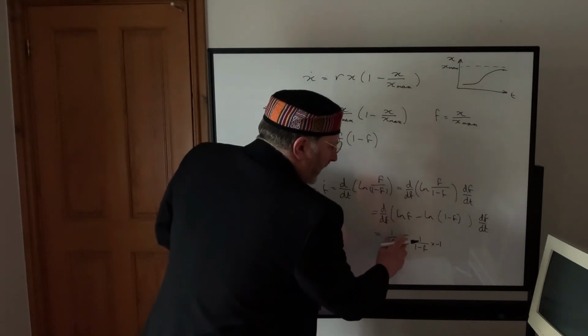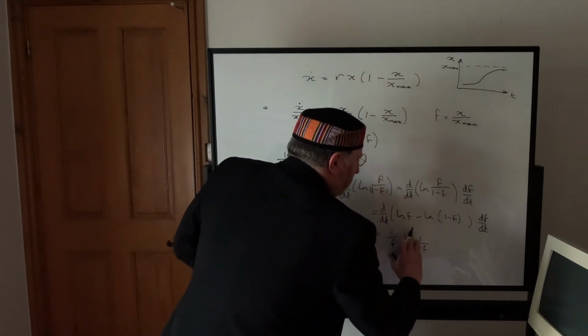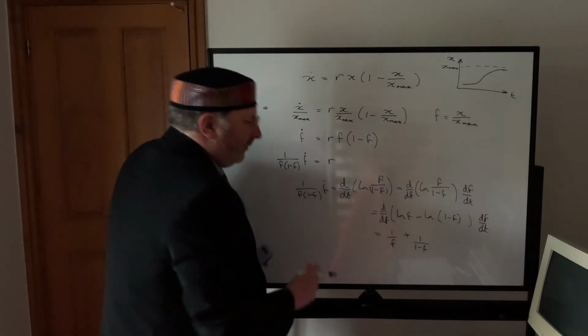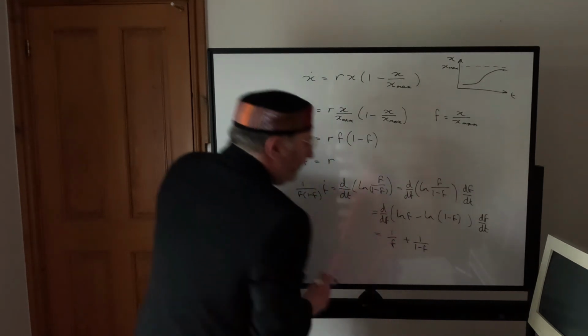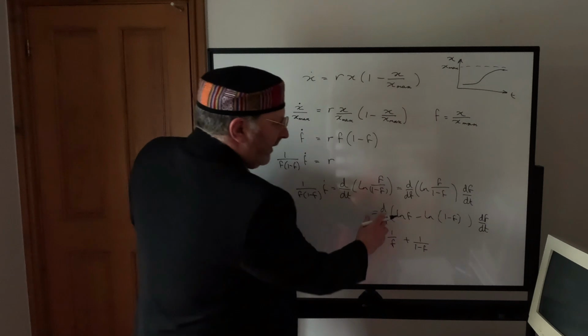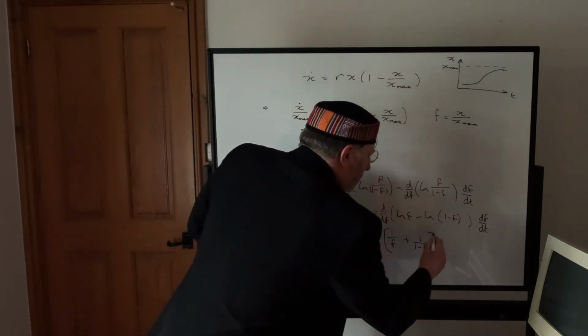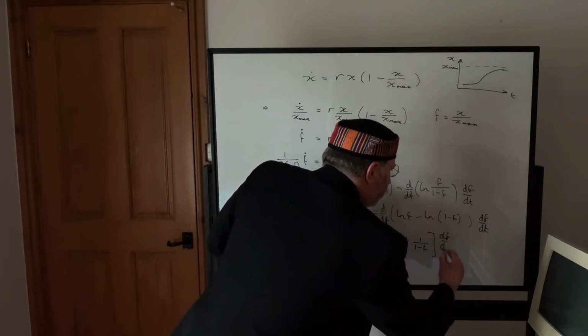And we've got a minus there, and we're multiplying by another minus, so in fact this becomes plus. So it's 1 over f plus 1 over 1 minus f. That's d by df of that thing, and that's multiplied by df by dt.